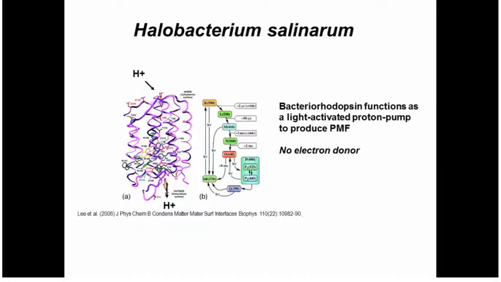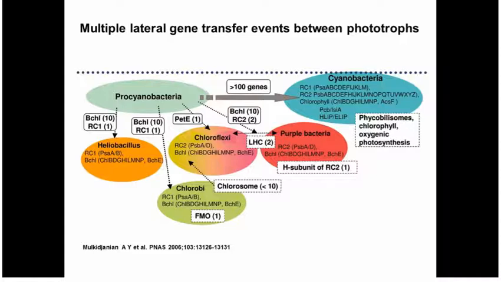The idea is that in eubacteria, there was some ancestor that was the first photosynthetic bacterium, which developed photosynthesis based on capture of light by bacteriochlorophyll, and then this system was transferred to other groups of bacteria.